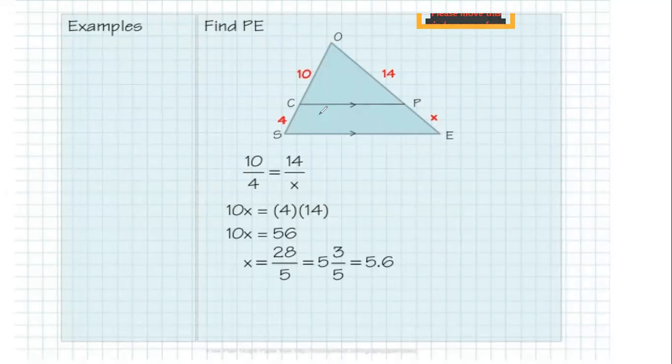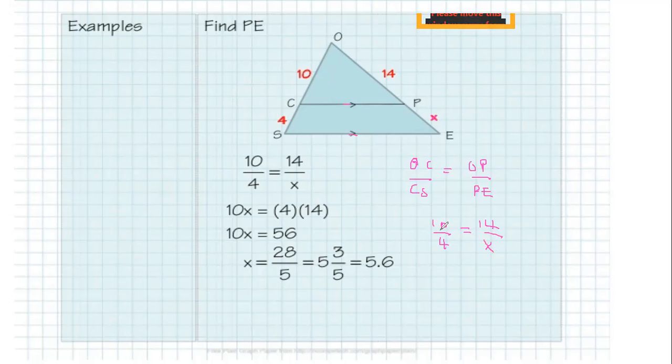If you're asked to find the distance x here, we are going to use that property. Since these two lines are parallel, they divide the sides proportionally. So the side OC divided by CS should be equal to the ratio of the side OP divided by PE. This implies that 10 out of 4 should be equivalent to 14 out of x.